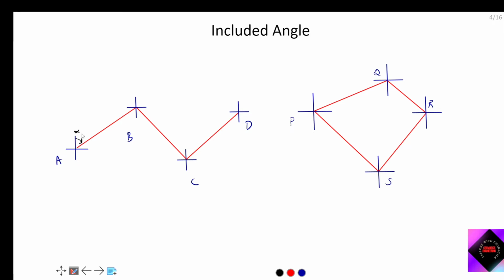I am representing it alpha 1. Also you have taken the back bearing of AB, beta 1. Now we are taking the forebearing of the next line, that is BC.